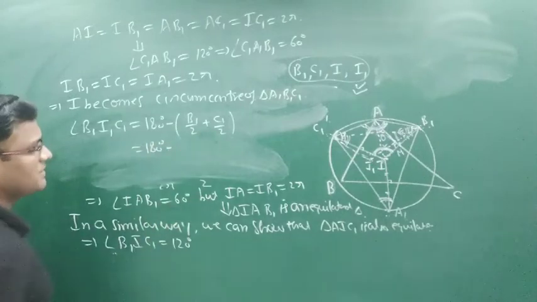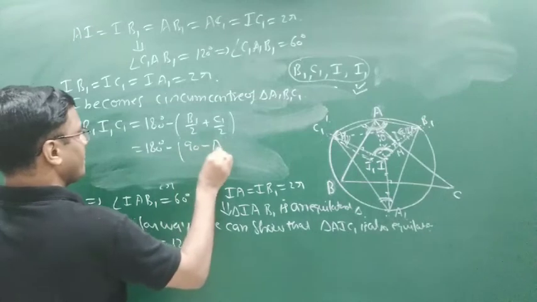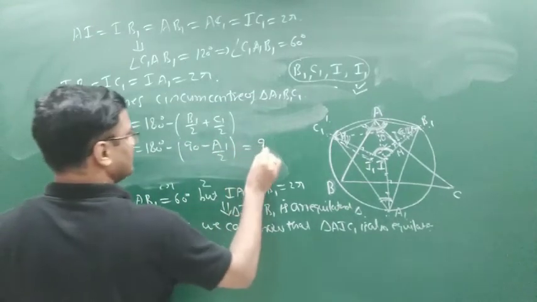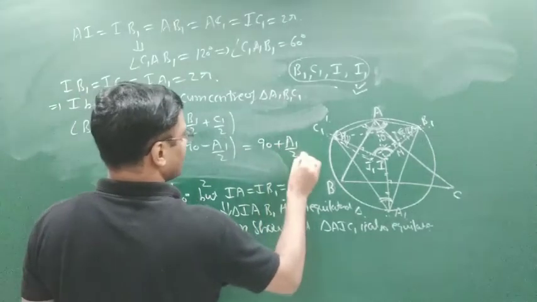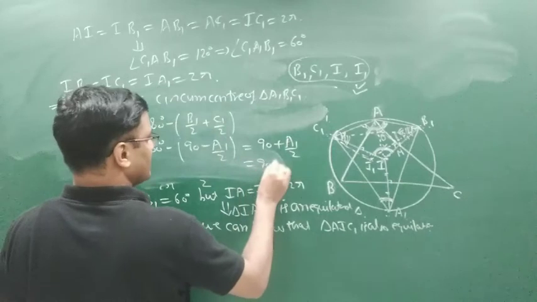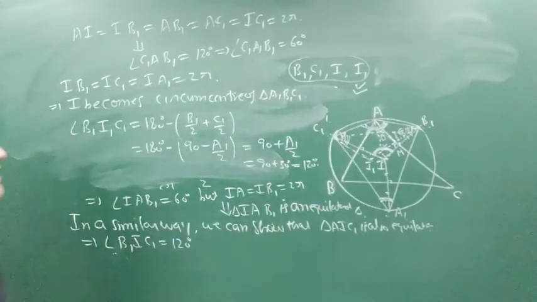It becomes 90 minus A1 by 2. So 180 minus that gives 90 plus A1 by 2, and angle A1 is what? Angle A1 is 60. Therefore, 90 plus 30 equals 120.